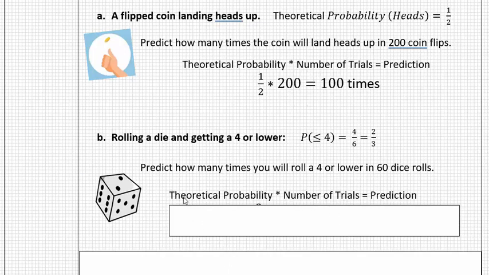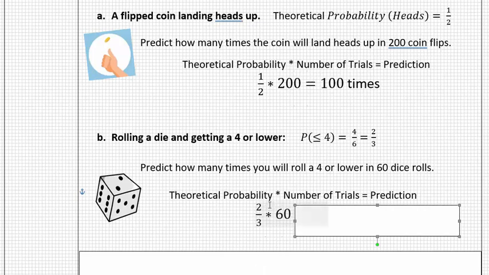We are going to again take the theoretical probability and multiply it by the number of trials to get our prediction. The theoretical probability is 2/3. The number of trials is 60. So what do we get when we take 2/3 times 60?